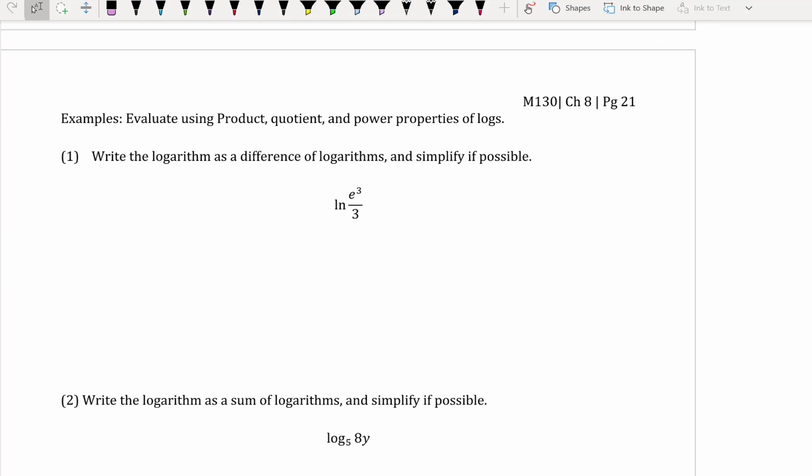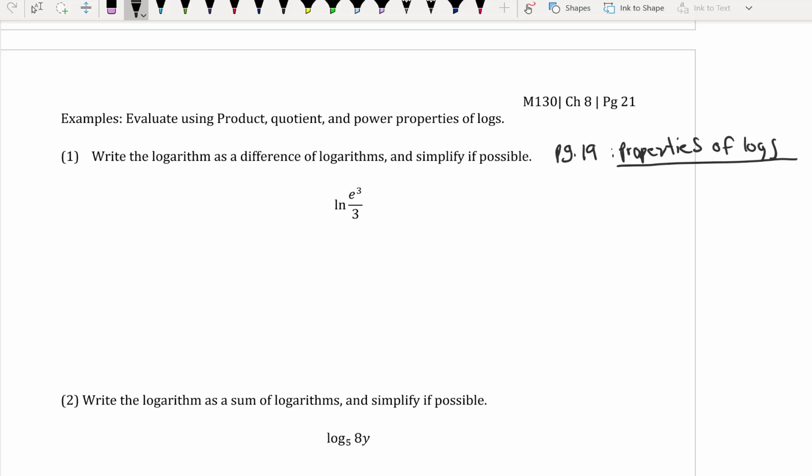Now for page 21, number 1, it's asking us to write the logarithm as a difference of logarithms and simplify if possible. Well, you remember from page 19, our properties that we have of logs. And since we have those properties, we're going to apply them.